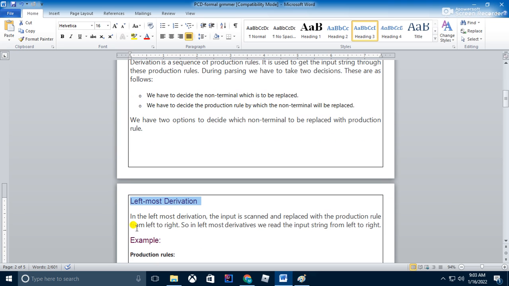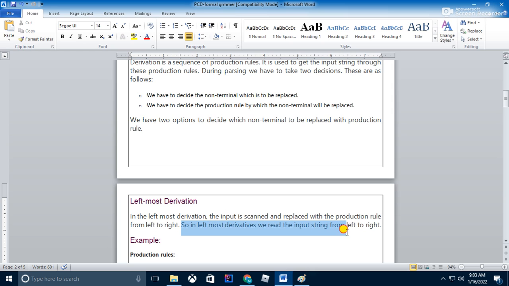In the leftmost derivation, the input is scanned and replaced with the production rule from left to right. We read the input string from left to right.